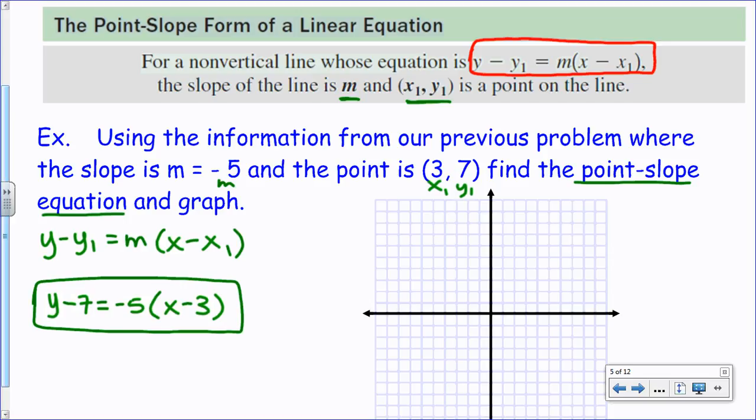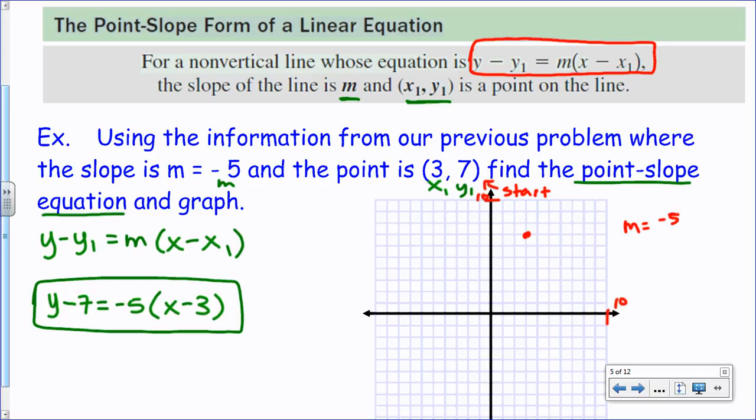When we go to graph it, you graph it the same way as slope intercept, but instead of starting at the y-intercept, you start at your given points. So this is where I start. So I start at 3, 7. And then my slope is -5.